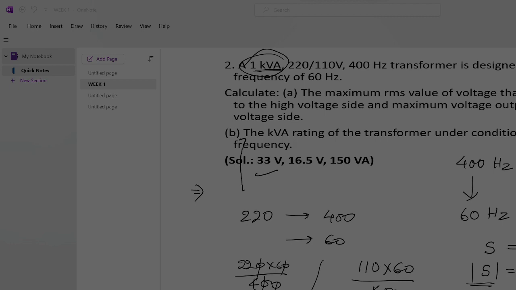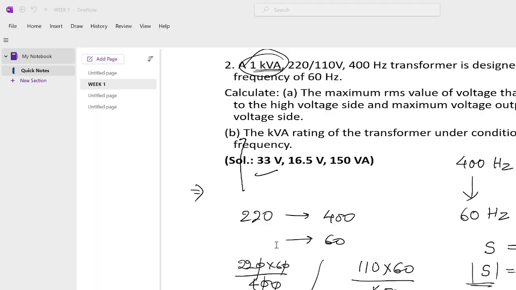Sir, why S equals V I conjugate? This is a power systems part. Let me explain how we get it.